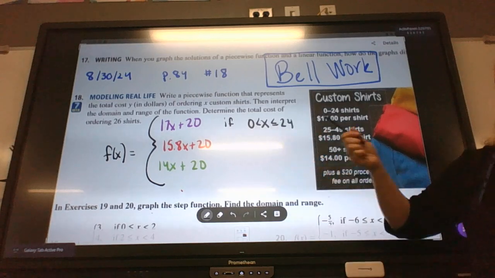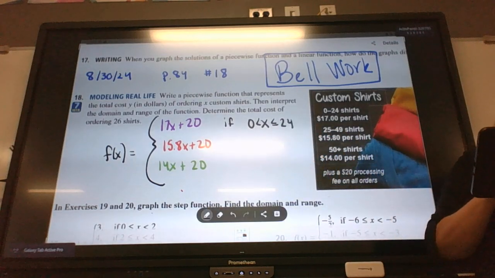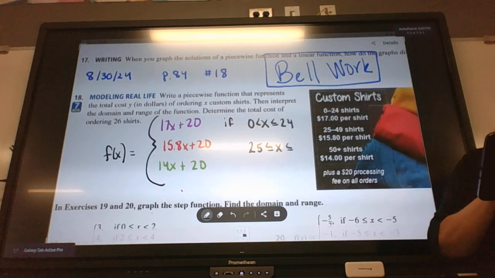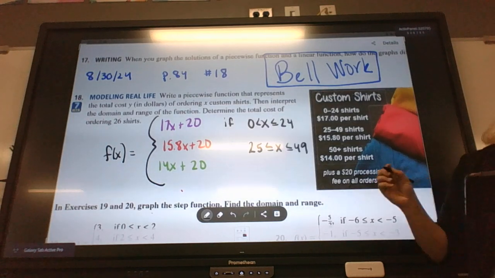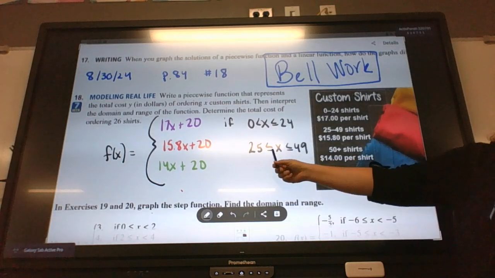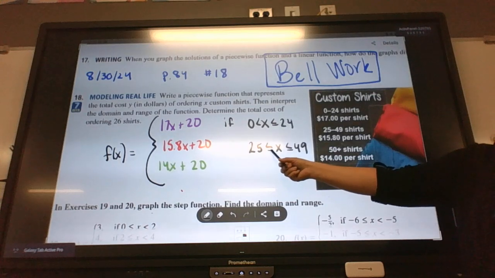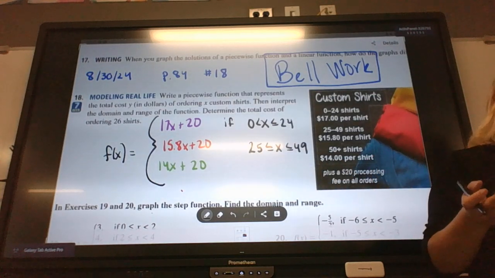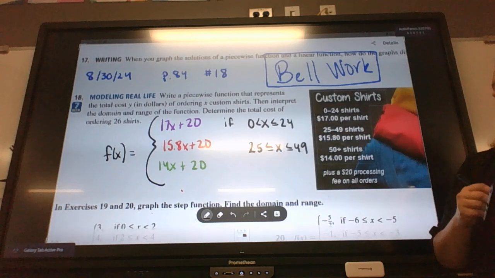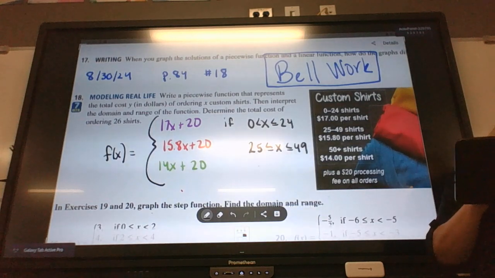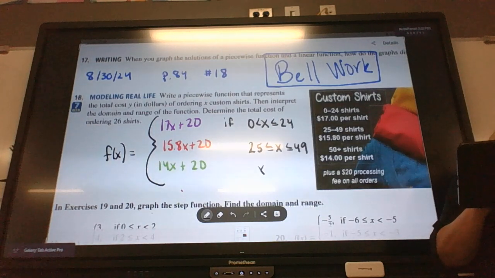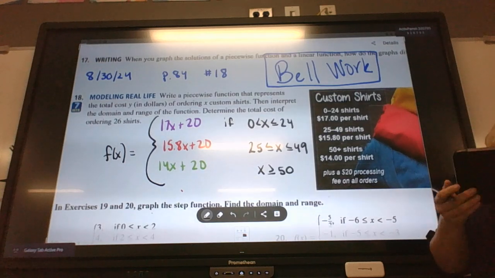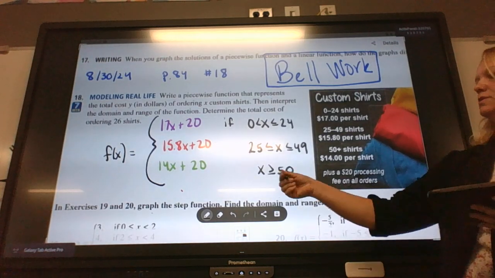And this one's for between 25 and 49. You could put 24 here and not do the sign here. But we're talking about t-shirts. There's not half a t-shirt sold, so we can jump to 25. And then the last one is for over 50 shirts, include 50.